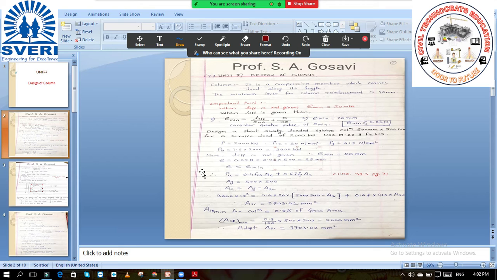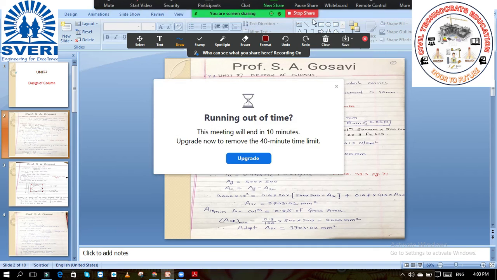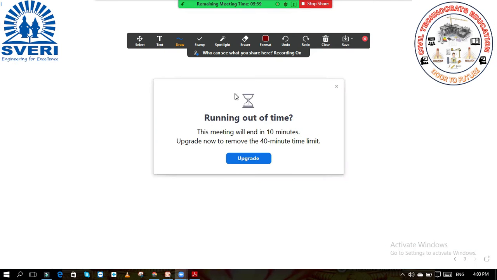Okay. Design a short axially loaded square column. Take down this problem, then we will solve it.